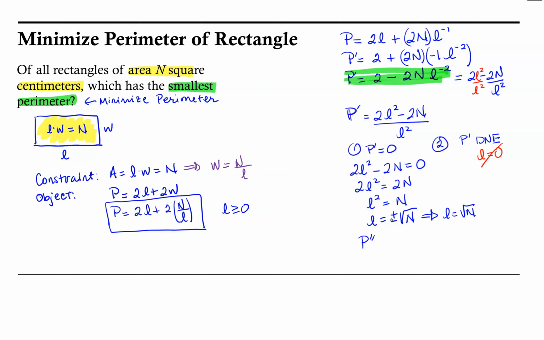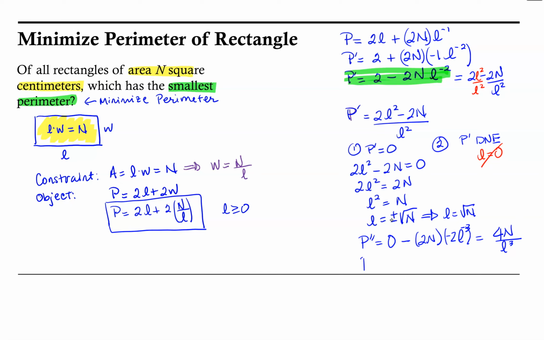So P double prime equals 0 minus, we've got our 2n, and now the derivative of L to the negative 2 power will be negative 2L to the negative 3. So what we have here is a positive 4n, and the L cubed belongs in the denominator.